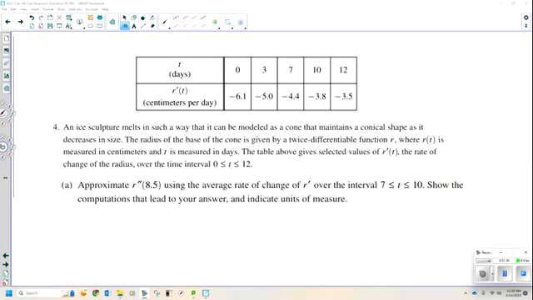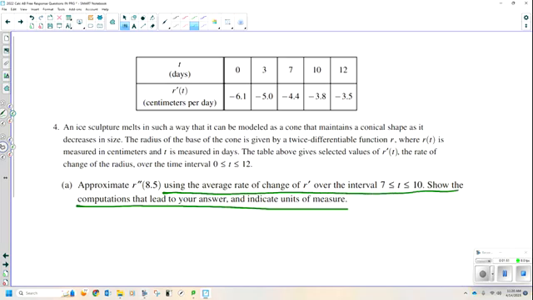I tell you what, they didn't even have to give you any of this information right here. All of this is pointless. The moment they tell us to approximate the second derivative of r at 8.5, that means, okay, 8.5 would be here in the table.